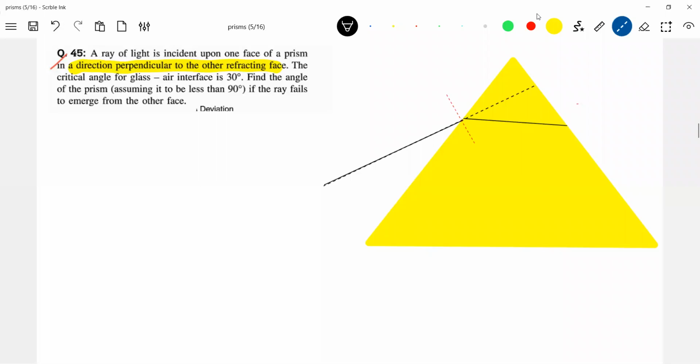Then again, it will undergo... If the ray fails to emerge from the other face, so definitely it should undergo TIR here.